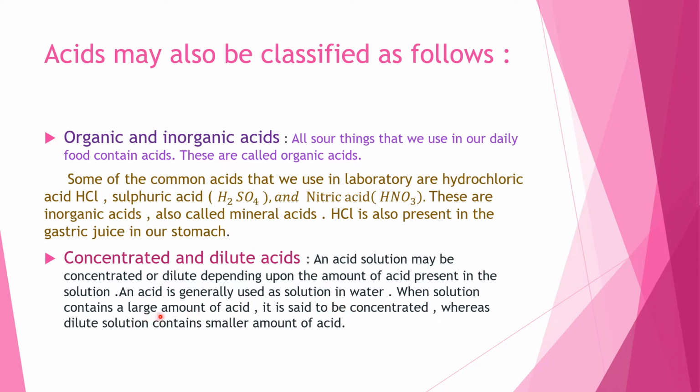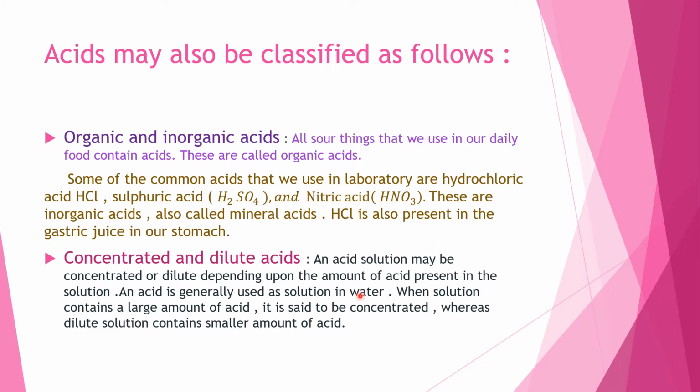When a solution contains a large amount of acid, it is said to be concentrated, whereas a dilute solution contains a smaller amount of acid. Thus, concentrated and dilute solutions of an acid differ from each other only in the proportions of the acid. Proportions means the amount, the concentration of the acid. The solution is made in water.